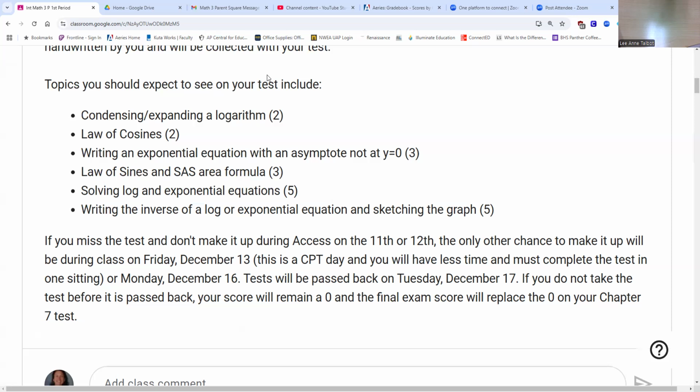See what I'm saying? So if you want to replace a previous one, you gotta take this one and do better. It will replace one of your lowest test grades if you do better on the final. I'm not gonna hurt you if you do worse on the final than any of your lowest test grades. I'm not gonna go back and lower another one or anything, but it does count as its own thing. Does this all make sense?